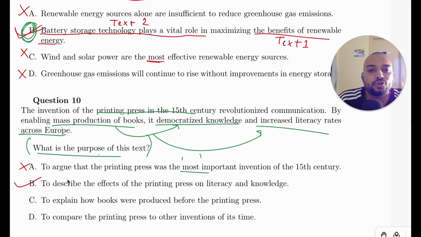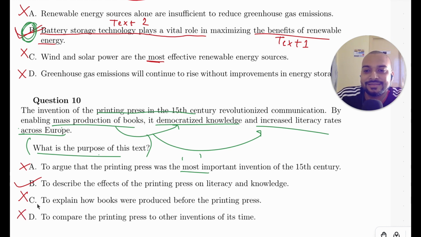Correct to a large extent. Let's see if there's any other option that is better than this one. Option C, to explain how books were produced before the printing press. No, they haven't mentioned how books were produced before. They rather have mentioned that the printing press enabled mass production of books. Option D, to compare the printing press to other inventions of its time. Again, no. Highly unrelated options.